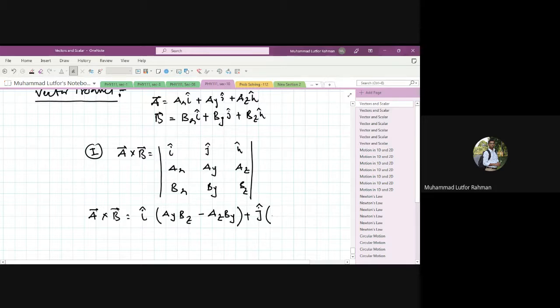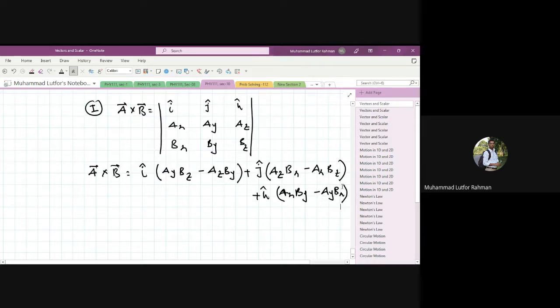The next term is az bx minus ax bz, plus the k hat term: ax by minus ay bx.